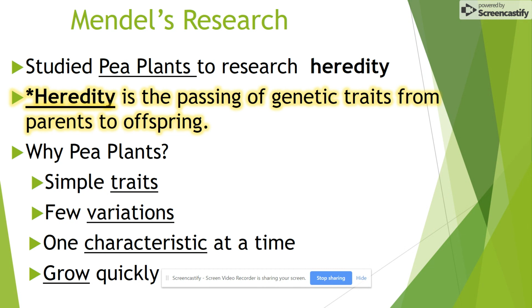So his research. Again, he studied pea plants to research heredity. Heredity, there's another vocab word. Go ahead and pause. Include this in your glossary. Heredity is the passing of genetic traits from parents to offspring. So think about it. In your family, you probably have people that have the same color hair, same colored eyes.